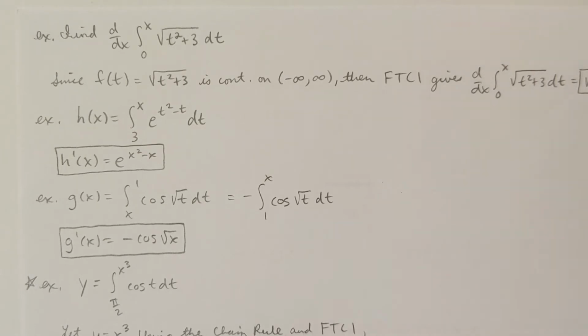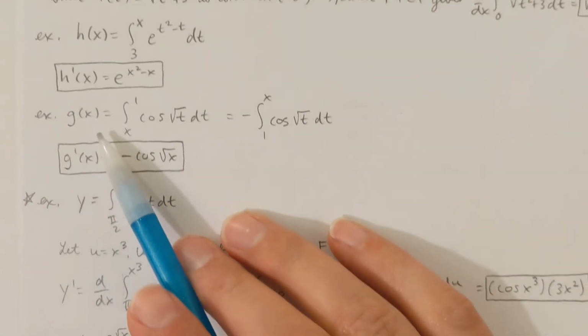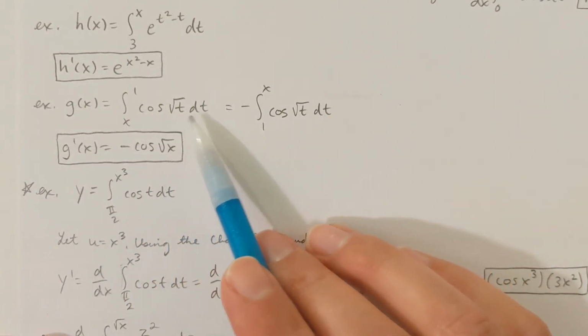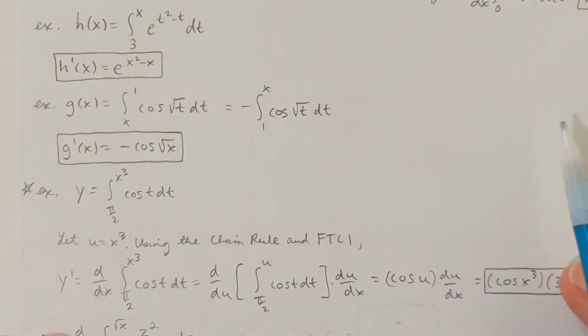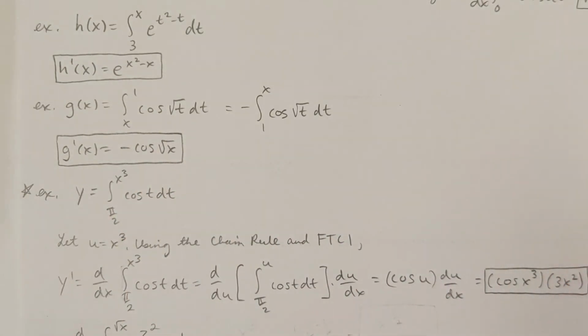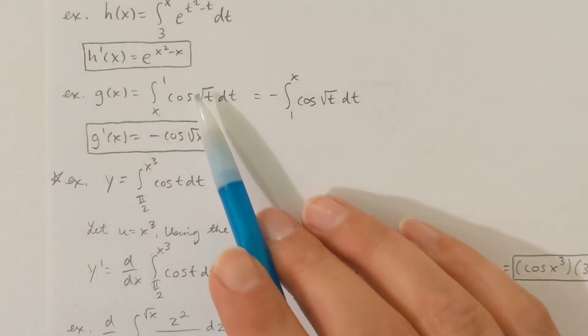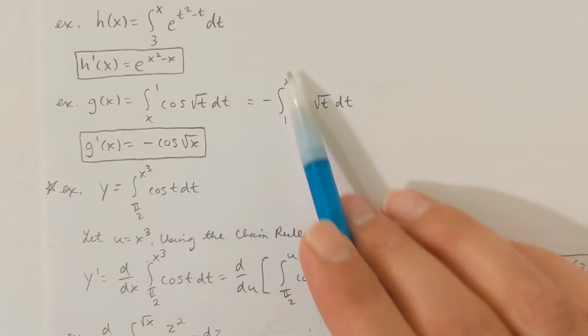Okay. Here's another example. g of x is the integral going from x to 1 of cosine of the square root of t dt. What is the derivative? Well, in the theorem, x has to be my upper bound. I don't have that here, but I can switch the bounds, right?